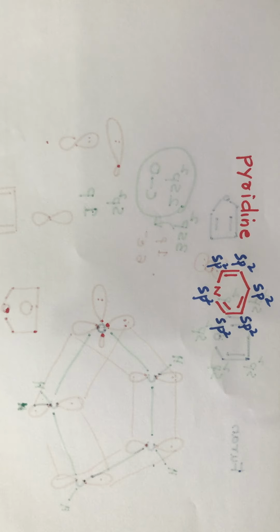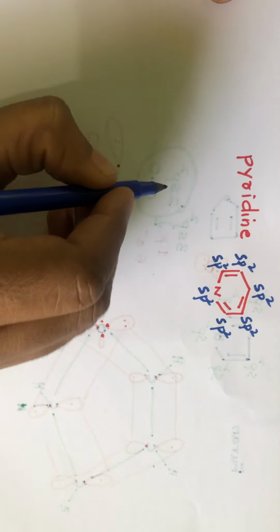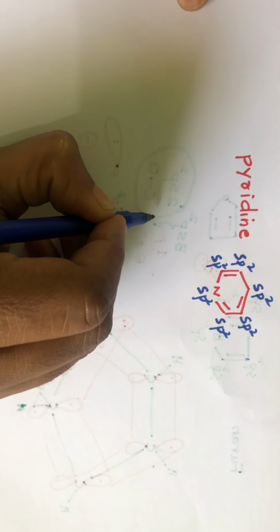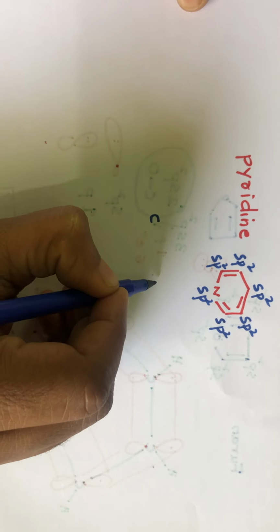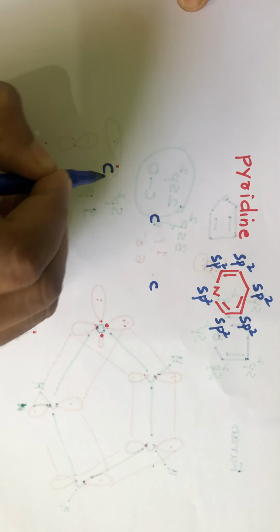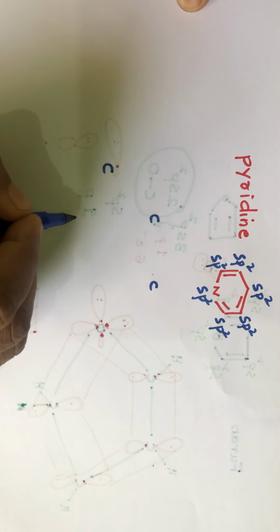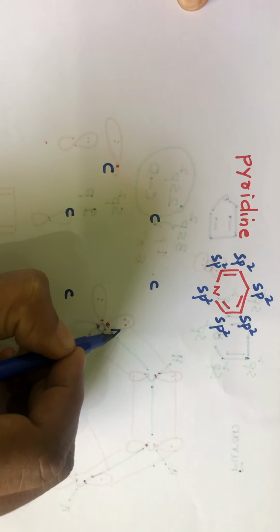Now let us try to picture the orbital picture of this pyridine. Pyridine contains 5 carbons and 1 nitrogen. I'll just draw the carbons: the first carbon, the second carbon, third carbon, fourth carbon, fifth carbon, and there is a nitrogen atom.